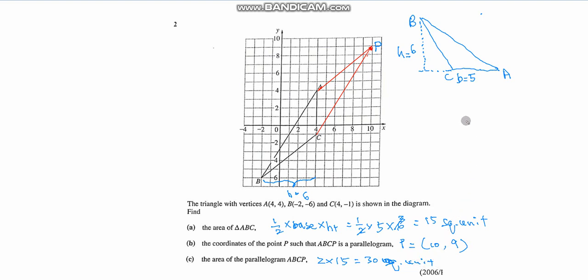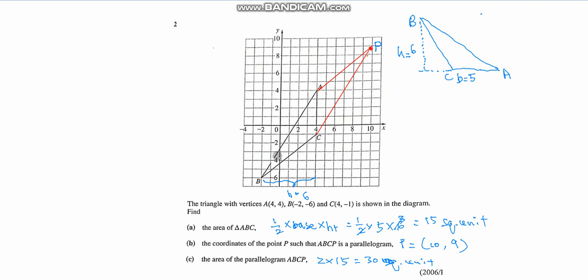Now, to find the coordinate of P, there is another way of doing it. How do you do it? This is using the diagonals, which for a parallelogram bisect each other.